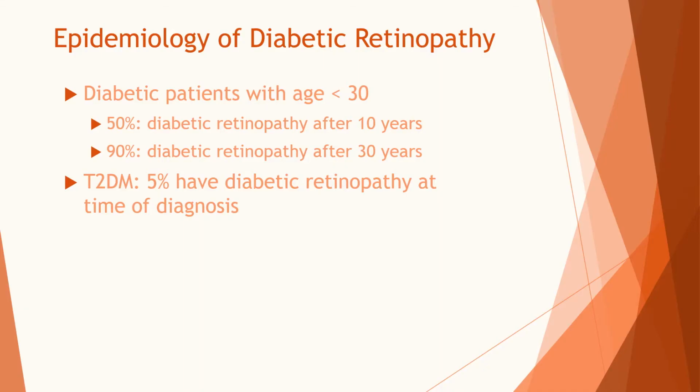For diabetic patients whose age is below 30, there is a 50% chance of having diabetic retinopathy after 10 years from the time of diagnosis. After 30 years, the risk rises to 90%. However, for type 2 diabetes, 5% may already have diabetic retinopathy at the time of diagnosis.